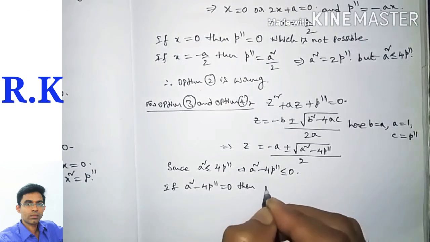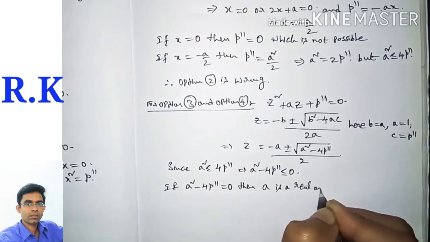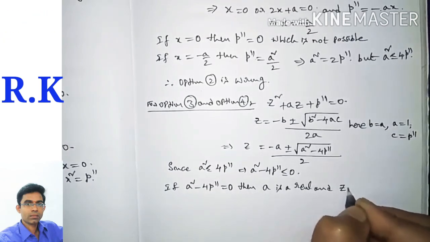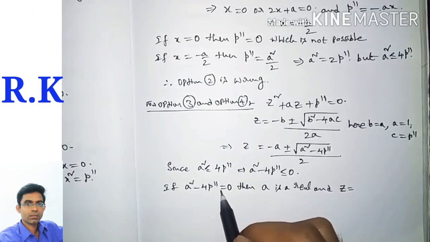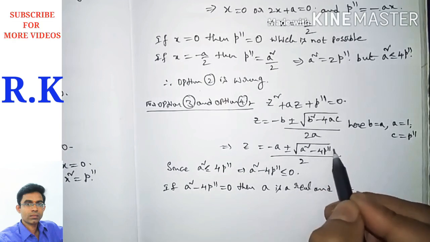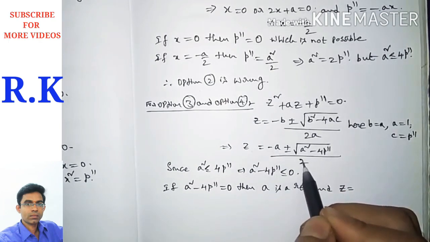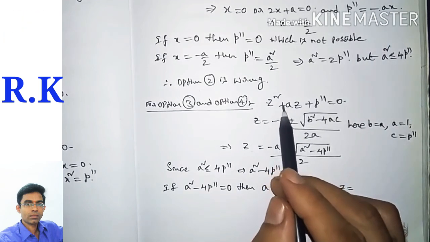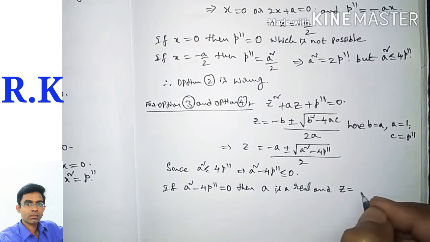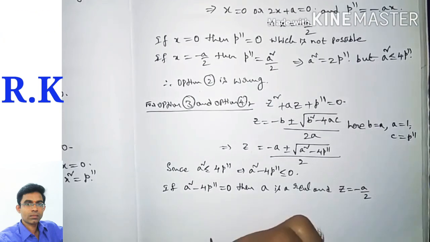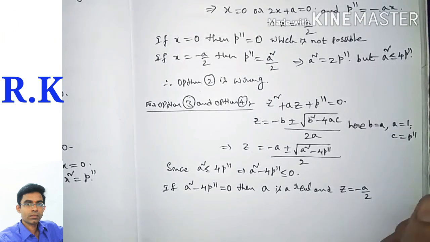So then a is real, and in that case, whenever a² - 4p^11 is equal to 0, that means this term becomes 0. So z value is equal to -a/2. But here the quadratic equation has at most 2 roots, and those 2 roots are z = -a/2 and -a/2. So real and equal roots.